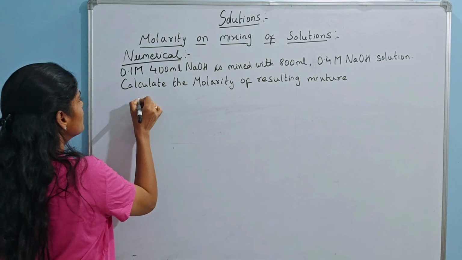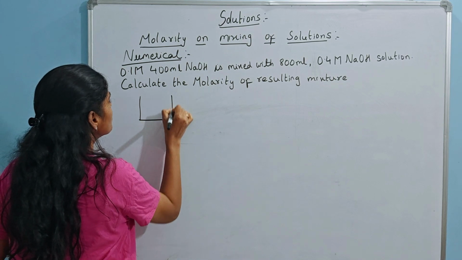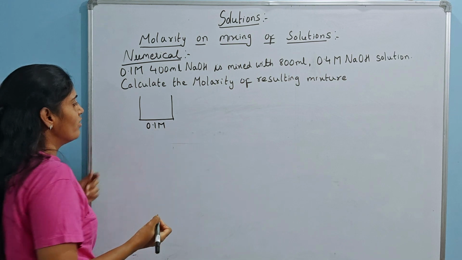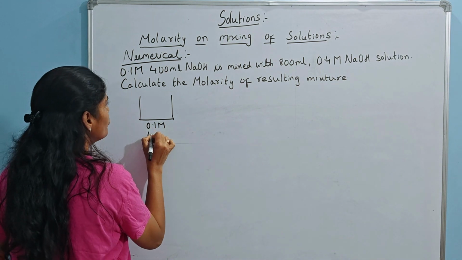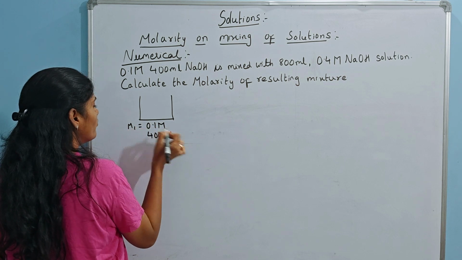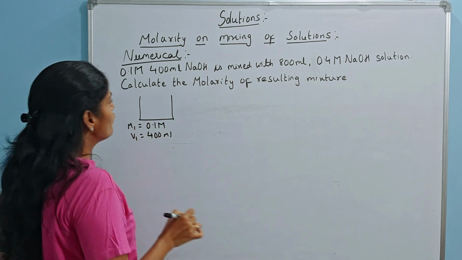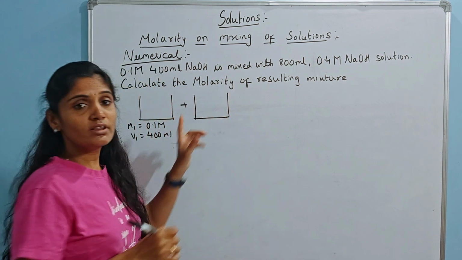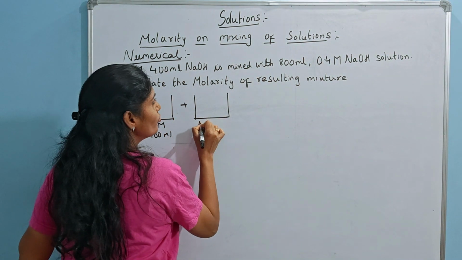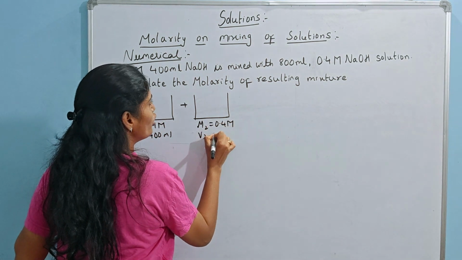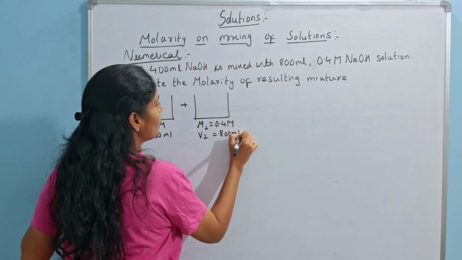So if you see here, I have a solution whose molarity is 0.1 molar and volume is 400 ml. So my M1 is equal to 0.1 molar, V1 is equal to 400 ml. And I'm mixing this solution with another solution whose molarity is 0.4 molar and volume is equal to 800 ml.